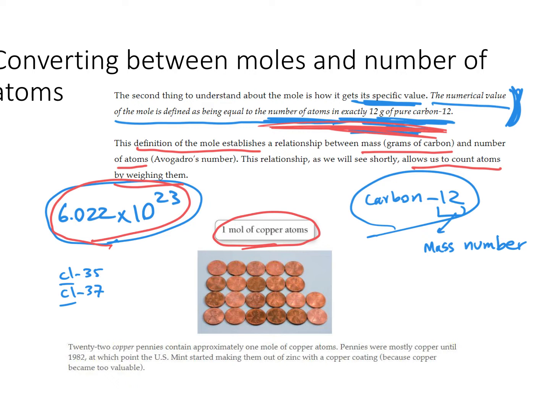Okay, so if you have 1, 2, 3, 4, 5, that's a really terrible color choice. Okay, 1, 2, 3, 4, 5, 6, 7, 8, 9, 10, 12, 13, 14, 15, 16, 18, 19, 20, 21, 22. If you have 22 copper pennies, that would be approximately 1 mole of copper atoms. Okay?